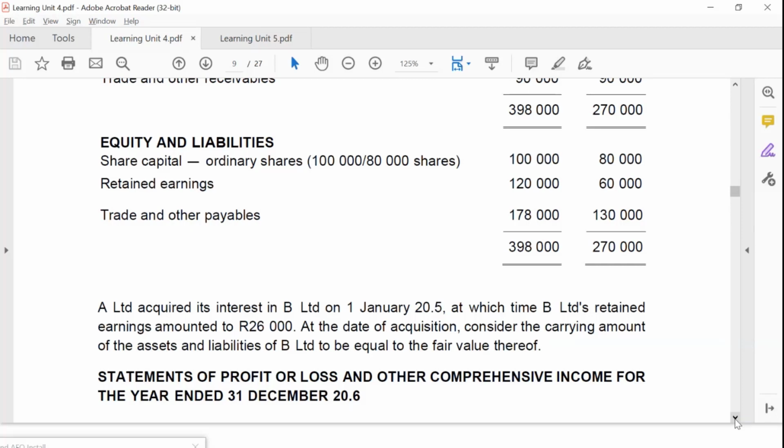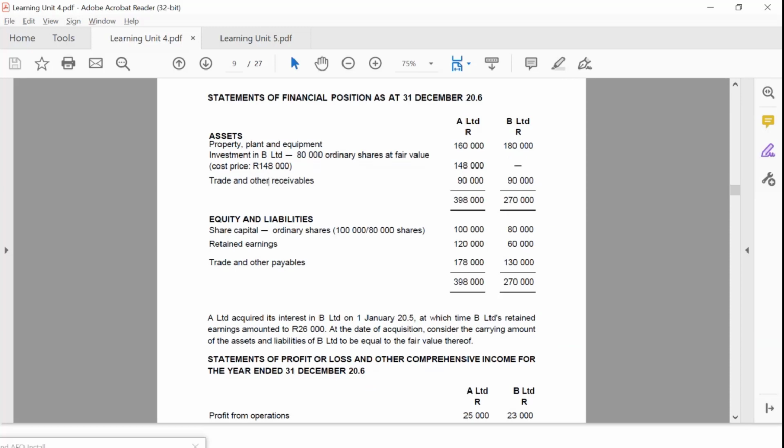What am I crediting? So we've got the statement of financial position, and we want to put down the pro forma acquisition journal entry to prepare the consolidation. And I'm depending on you to give me the pro forma journal entries.